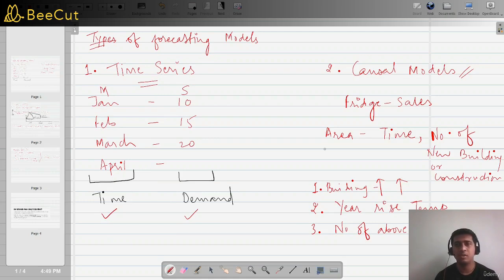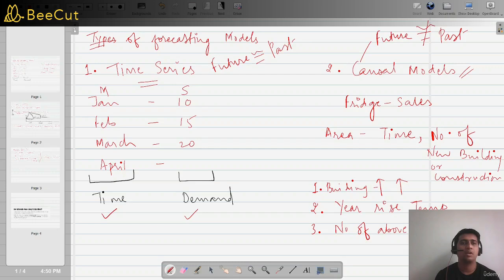But in causal models we know that the future is not going to be exactly the same as the past. Time series works with the assumption that the future would be almost equivalent to the past. This is very important.